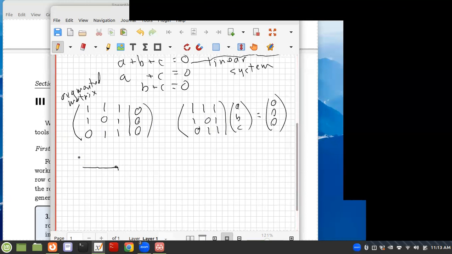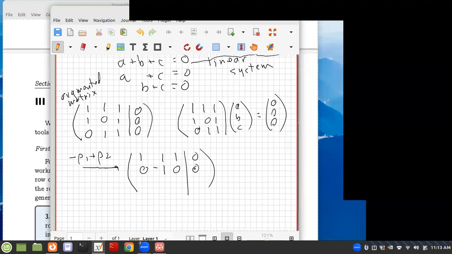Well, we can do minus row 1 plus row 2 to clear off this first one, and we'll have 1, 1, 1, 0, and 0, minus 1, 0, 0, and then 0, 1, 1, 0.